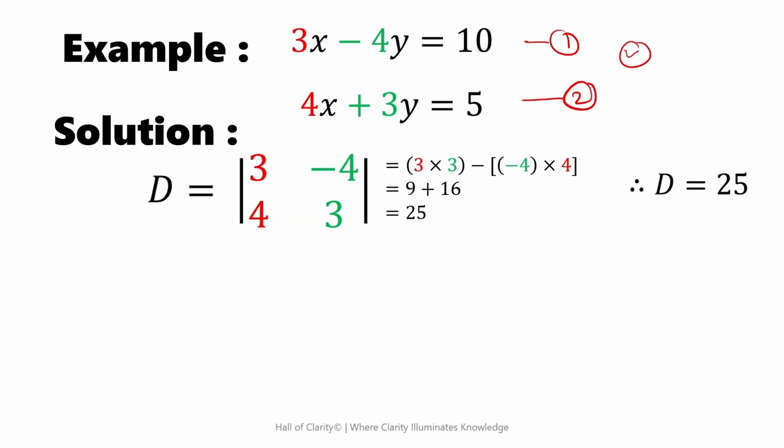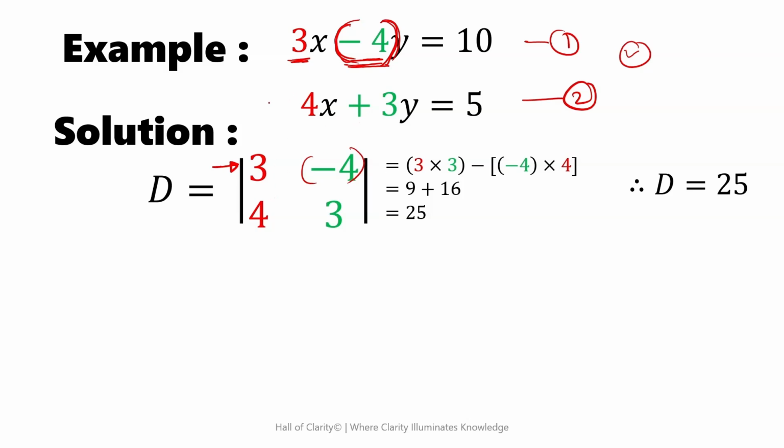So determinant D can be written as shown. See, this is 3 and minus 4. These are the coefficients of x and y of equation number 1. Therefore, they are written in the first row. Here you can see that this minus 4 is written with its sign. So in this way, we have to pick up the entire number with its sign.